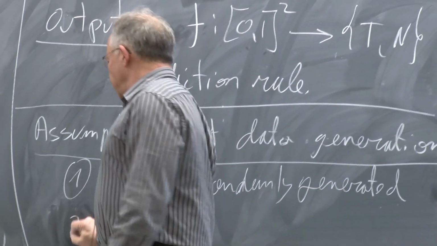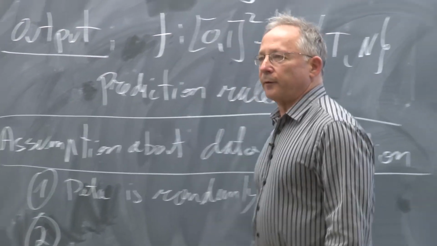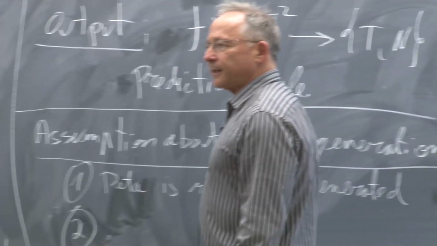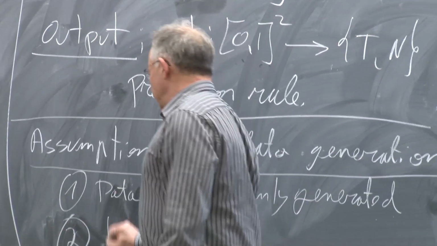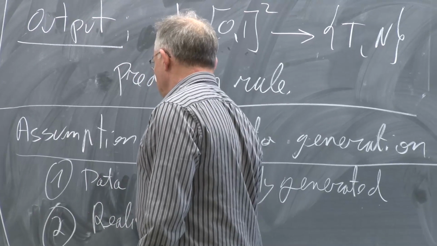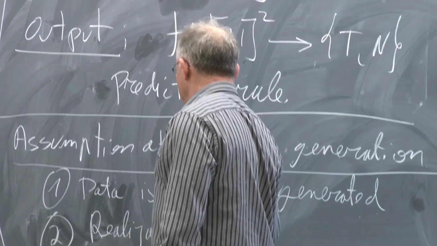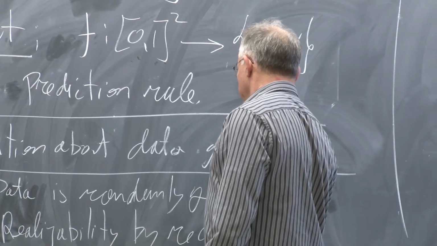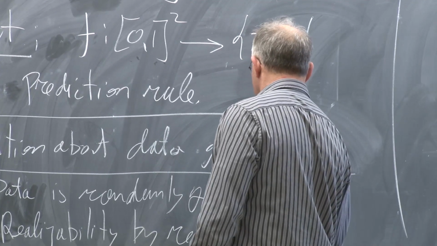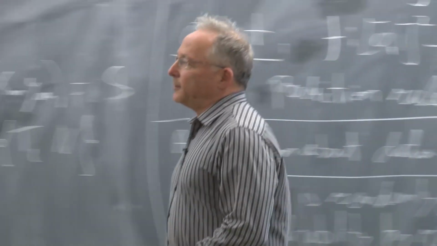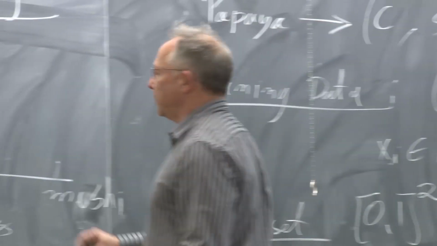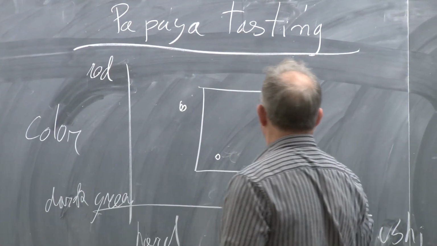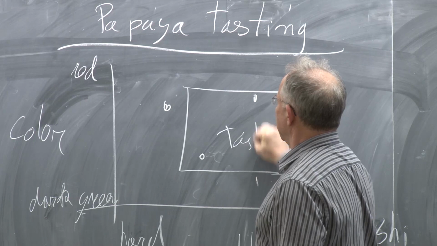The second assumption that I'm going to make is a very strong assumption, and this is called the realizability assumption, realizability by rectangles. So what do I mean by that? What I'm assuming here is that there exists some axis-aligned rectangle of tasty papayas.